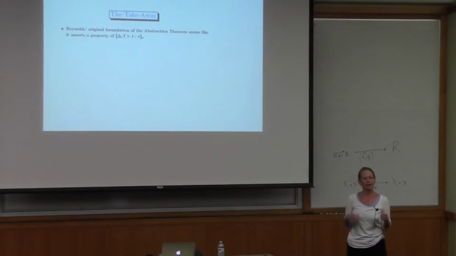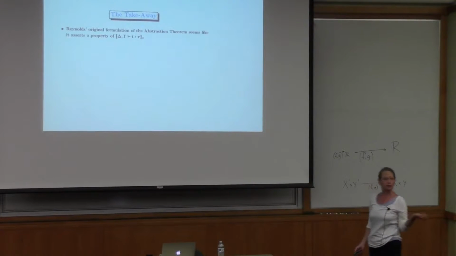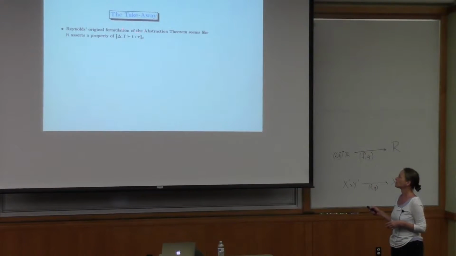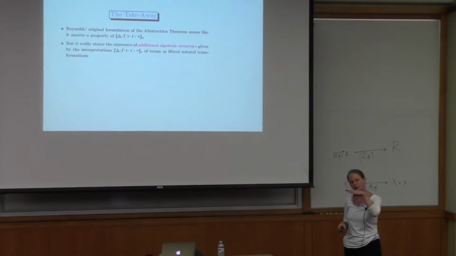So one way to talk about what we've just done here is to say that if you think about Reynolds' original formulation of the abstraction theorem, it looks like it's saying something about the object interpretation of terms. But you could also say that it's hinting at some missing relational interpretation of terms.